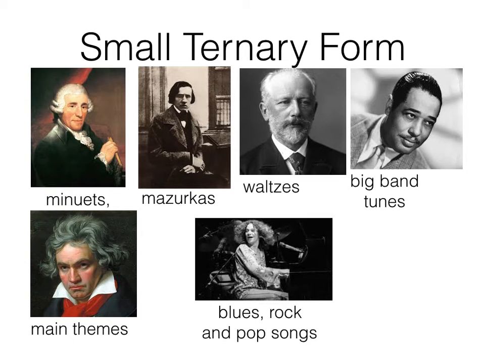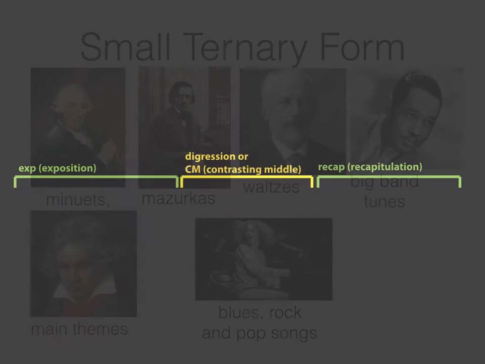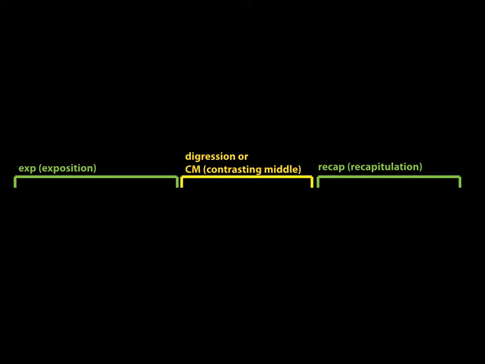So, what are the ingredients of this form, which seems to crop up everywhere and which has a long and distinguished history? The small ternary form has three parts: the exposition, the digression or contrasting middle, those two terms being the same thing, and the recapitulation.